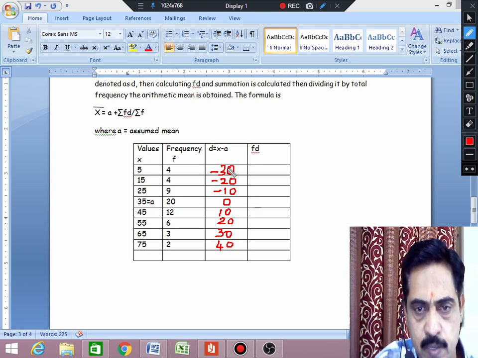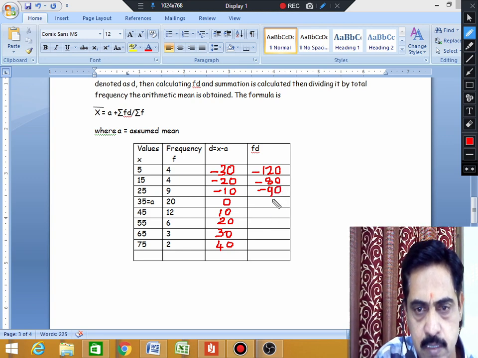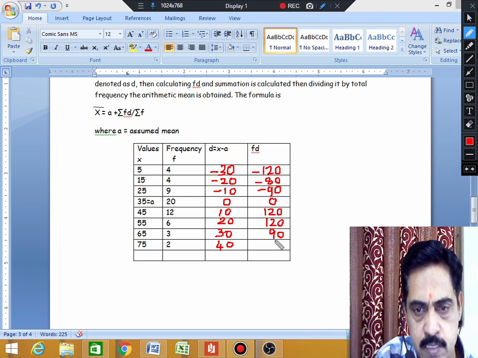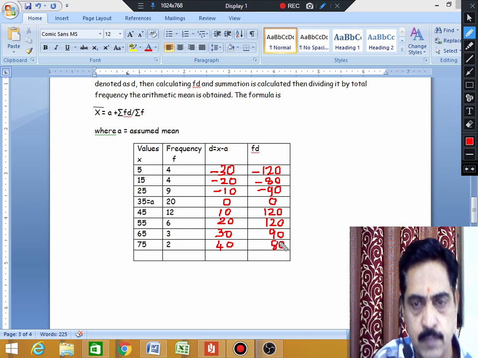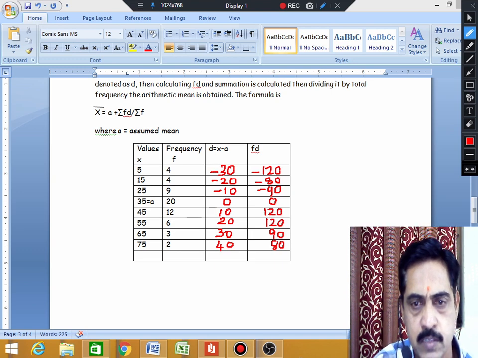So fd is minus 120, minus 80, minus 90, 0, 120, 120, 90 and 80.